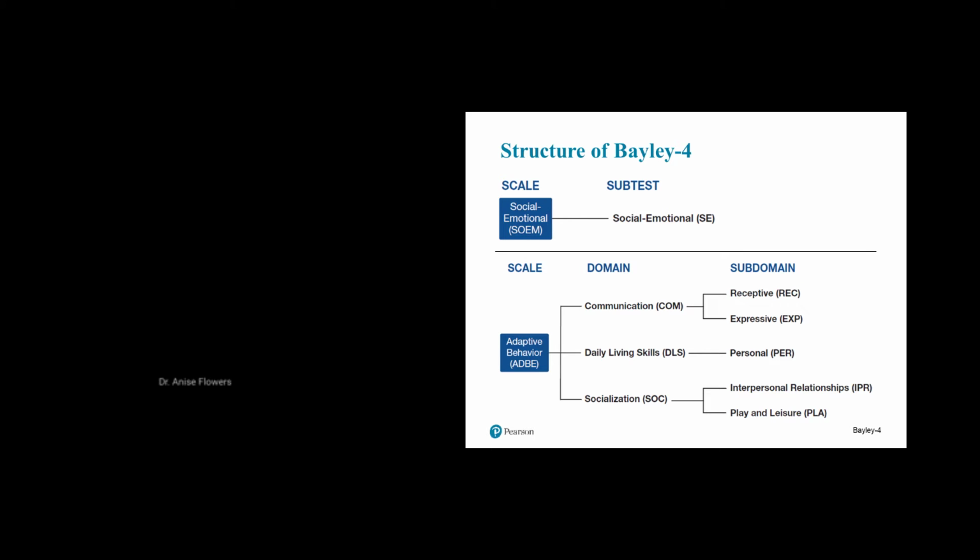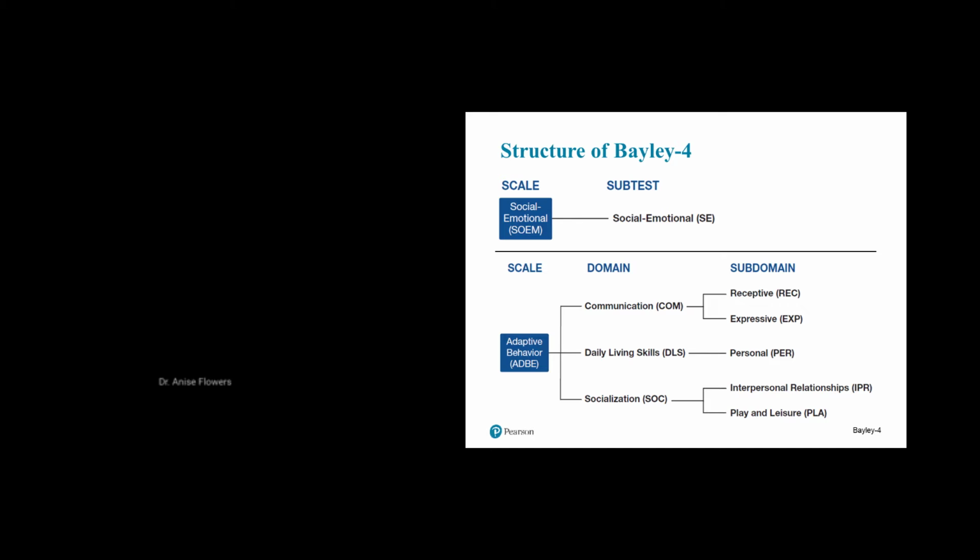The last two areas, the social emotional and adaptive behavior, are measured through a questionnaire given to the caregiver. You will get a score for social emotional development, and then for adaptive behavior, these items are drawn out of the Vineland-3 adaptive behavior scales.